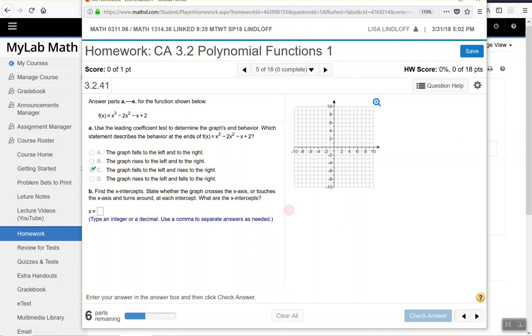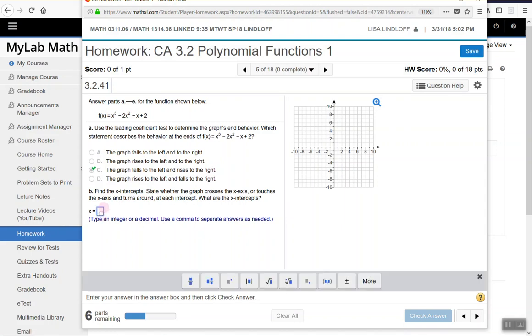X-intercepts, I did these off screen, and these are, let me get myself a keyboard so I can type them. They are, there's one at -1, comma, +1, comma, +2.